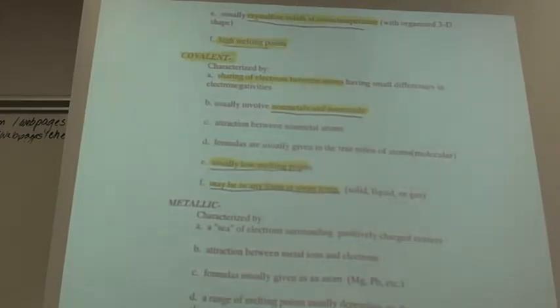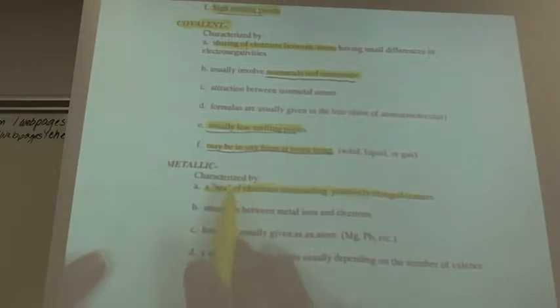A metallic bond, I'm talking about one type of metal. The atoms in one type of metal is characterized by a sea of electrons surrounding positively charged centers. What this means is the nuclei are stationary; they cannot move, but the electrons can jump around. They're delocalized.